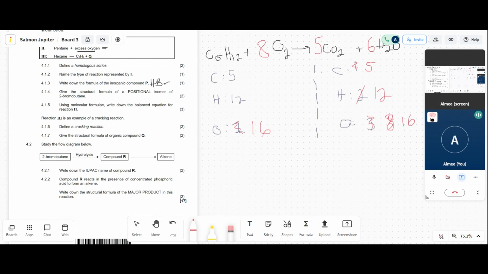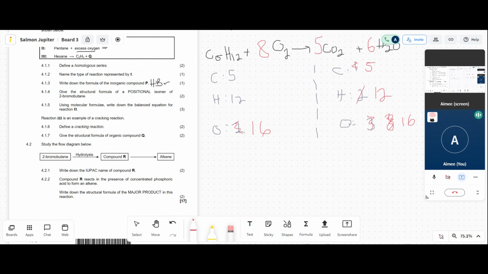4.1.6. It says reaction 3 is an example of a cracking reaction. Define a cracking reaction. Cracking is the chemical process in which longer chain hydrocarbons or longer chain alkanes are broken down into shorter, more useful hydrocarbons or molecule chains, such as alkanes and alkenes.